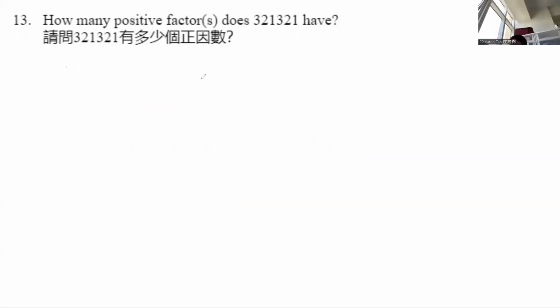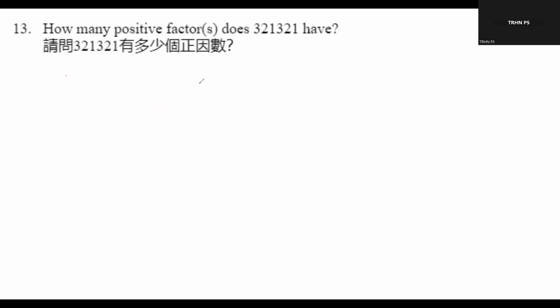So for this one, what I did was split 321,321 into 1,001 and 321.